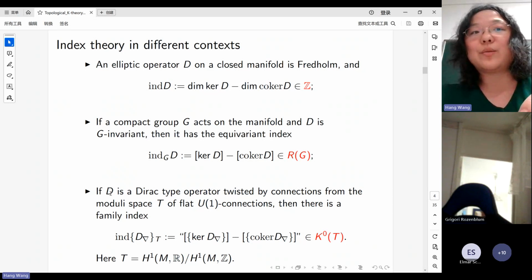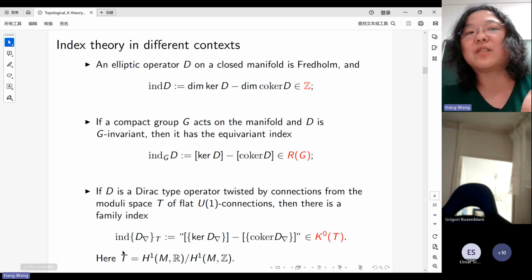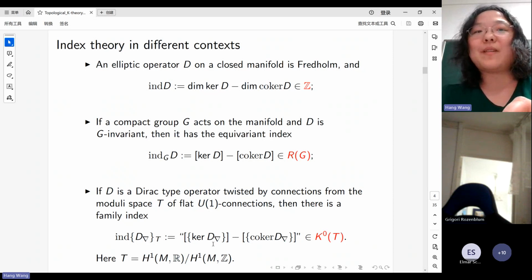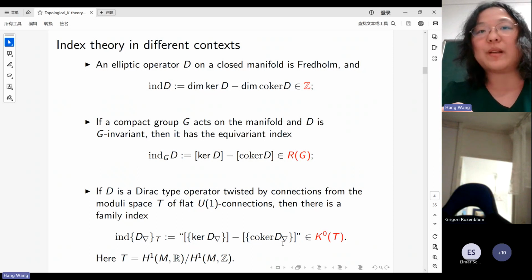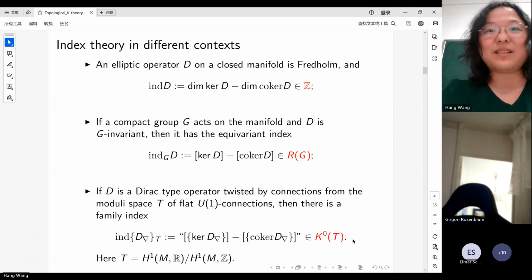Associating a connection to the Dirac operator will each give you a formal difference of vector spaces, and then you let this connection change in the space parameterized by this torus. Then this formal difference of spaces, taking the family, will be regarded as an element in K-theory, roughly, in the sense of topological K-theory.